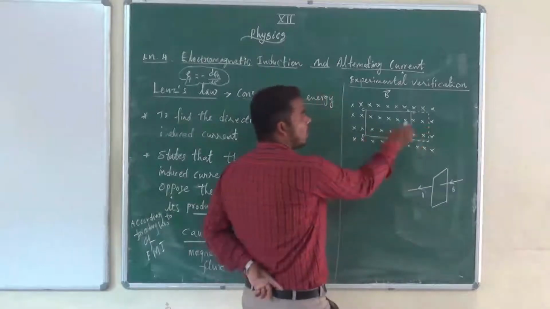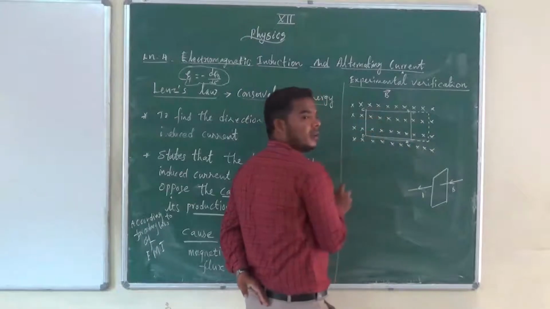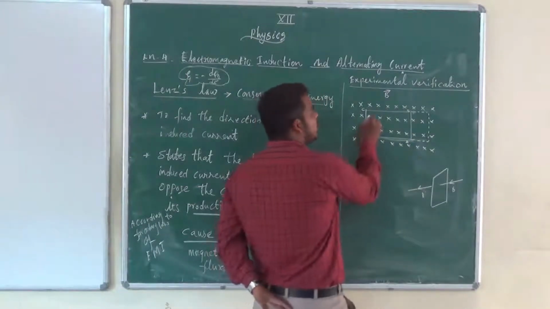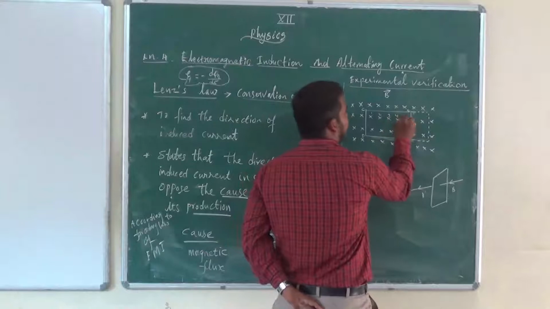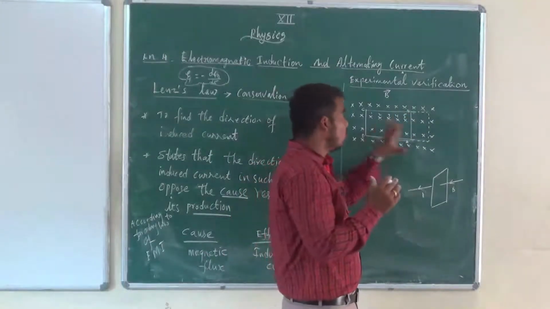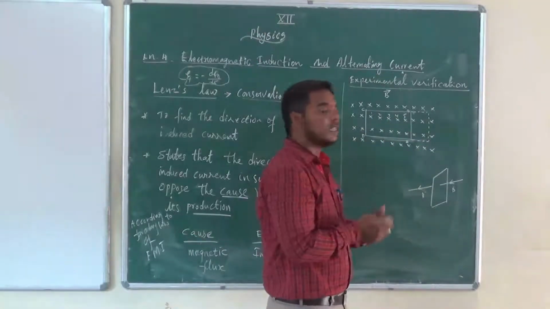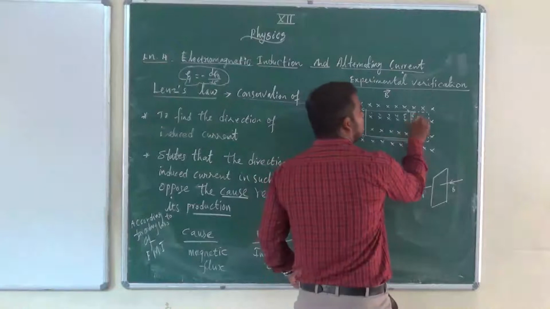See that? Before, in the original position of the rectangular loop ABCD, the magnetic field lines were 1, 2, 3, 4, 5. When I change the position of the loop, the number of magnetic field lines increases to 1, 2, 3, 4, 5, 6, 7.